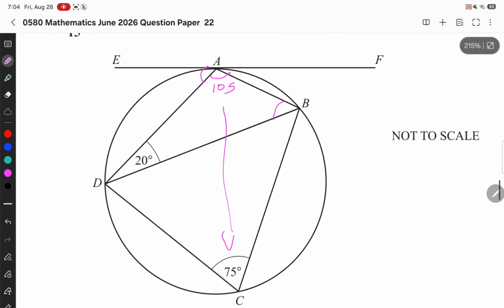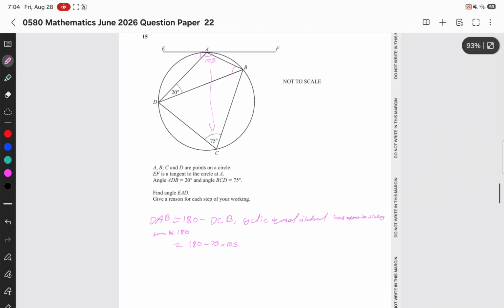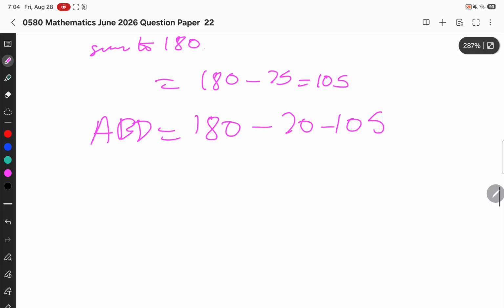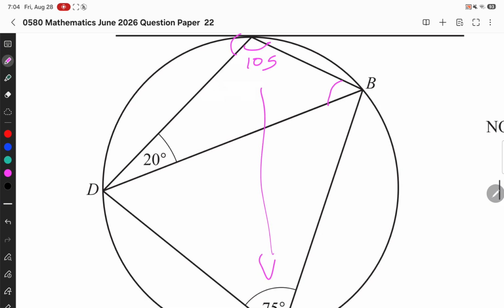Next we have this, completing the triangle. ABD is equal to 180 minus 20 minus 105. Okay, wait, what?